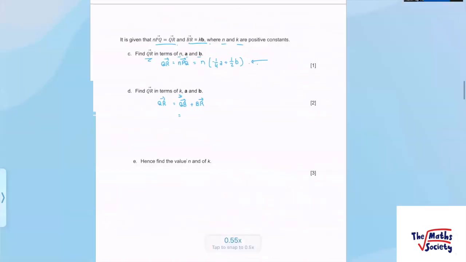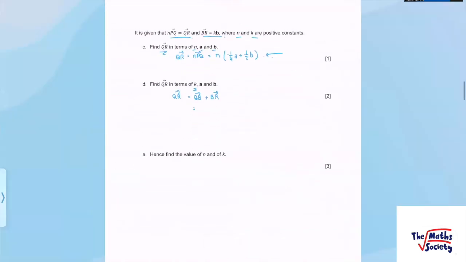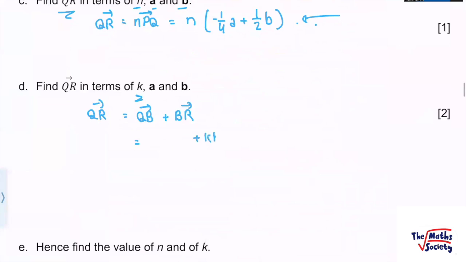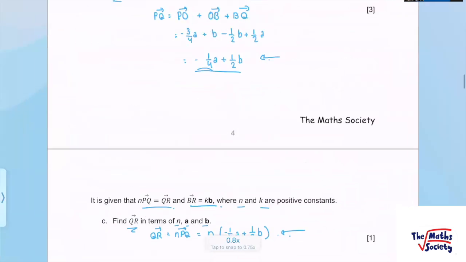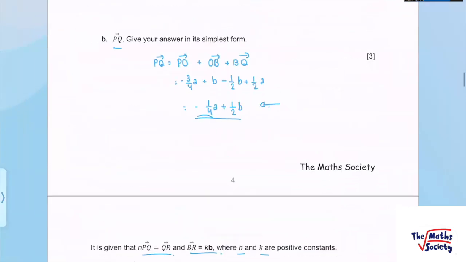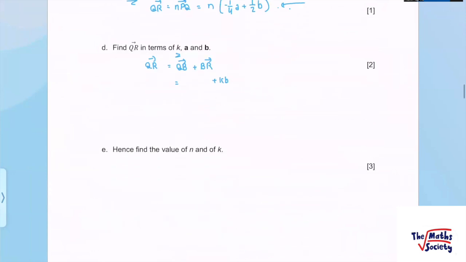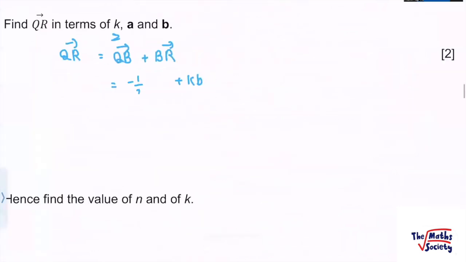And for BR, we know that BR is equal to KB, so that's going to be KB. And then QB, we already found this, so it's going to be minus half A plus half B. So QR is minus half A plus half B plus KB. Same thing.